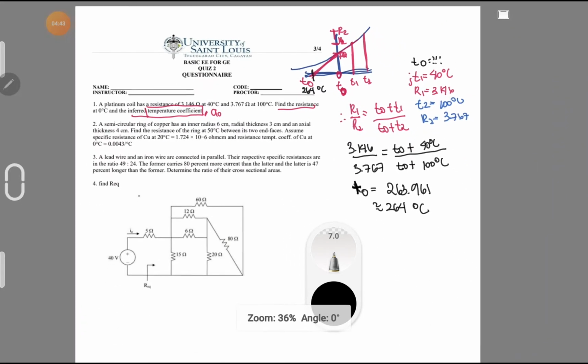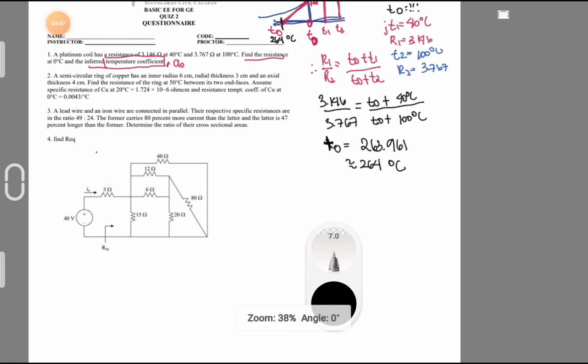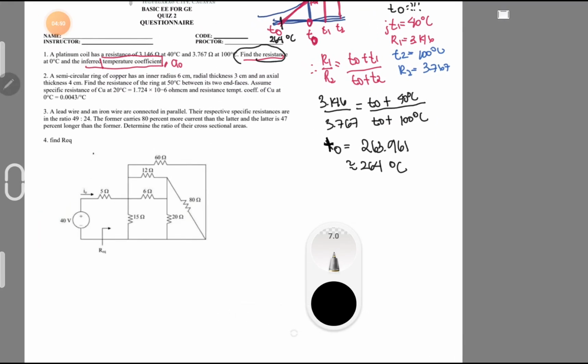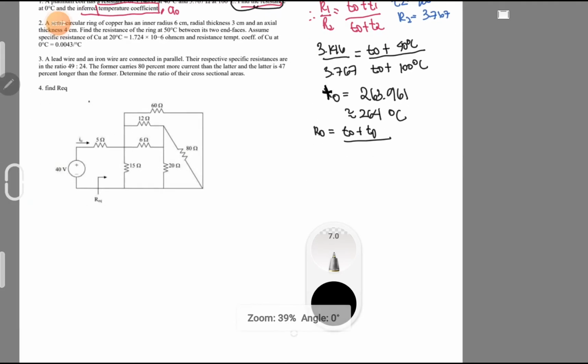From that, I may generalize my formula, since my objective is to get my resistance at 0 degrees Celsius. So I may say that R0 is equal to TO plus T0, divided by TO plus T1, multiplied by R1.